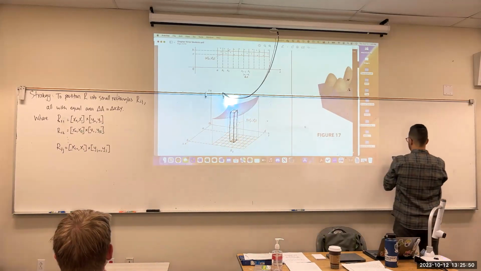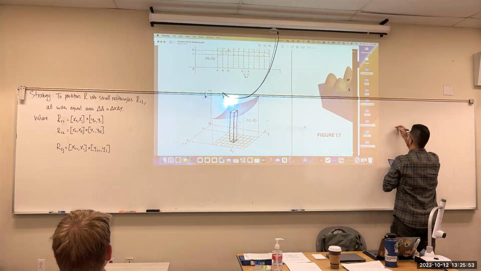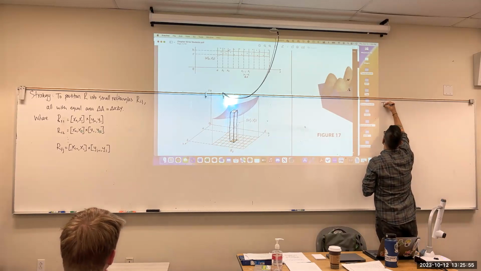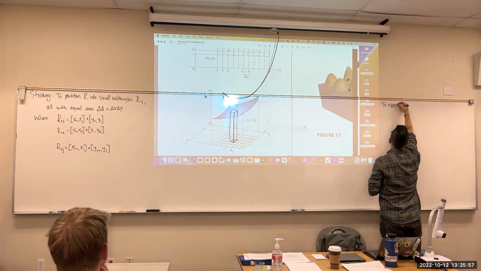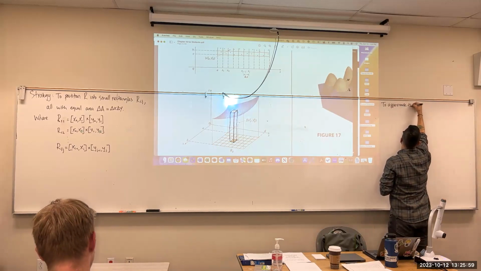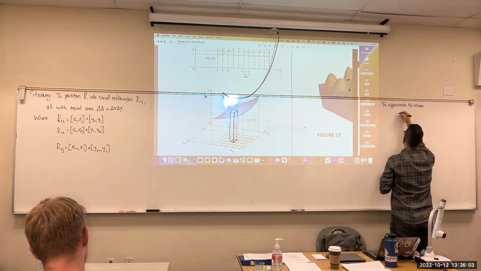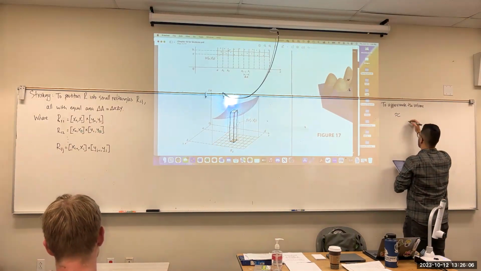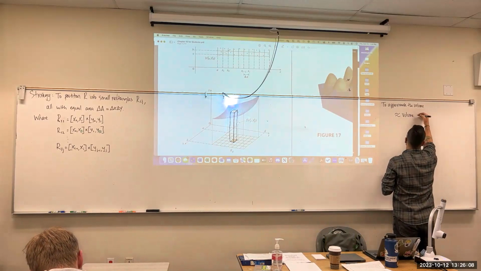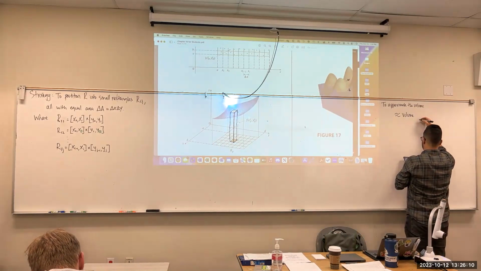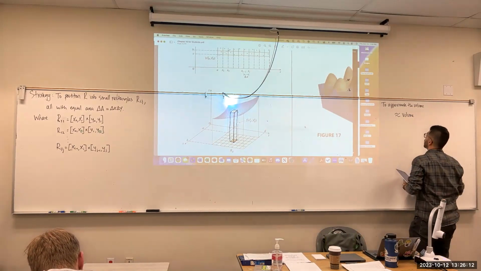So, to approximate the volume, what we're going to do is we're going to approximate it with the volume. No, let me write this again.